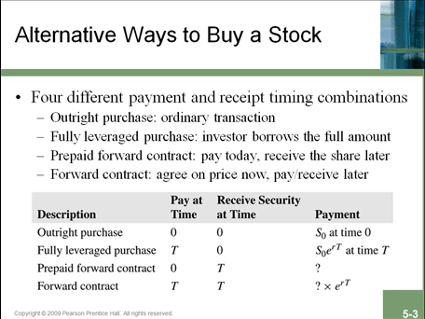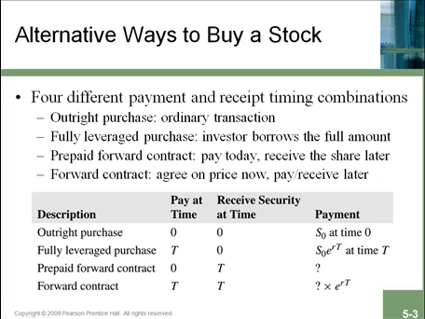Now, hopefully you remember that the only difference between buying a forward contract and buying the underlying asset outright is timing. It's the timing of when you pay for the goods, whatever it might be, in this case a share of stock or a stock index, and when you actually receive it. So let's explore that issue.